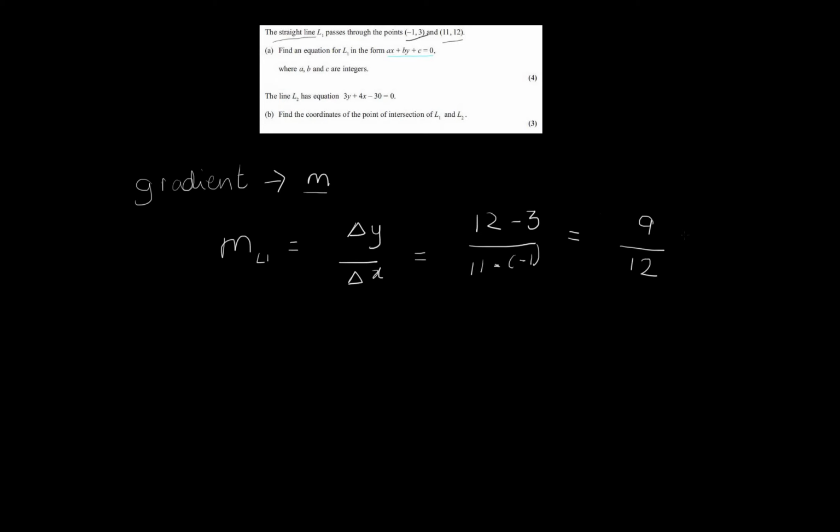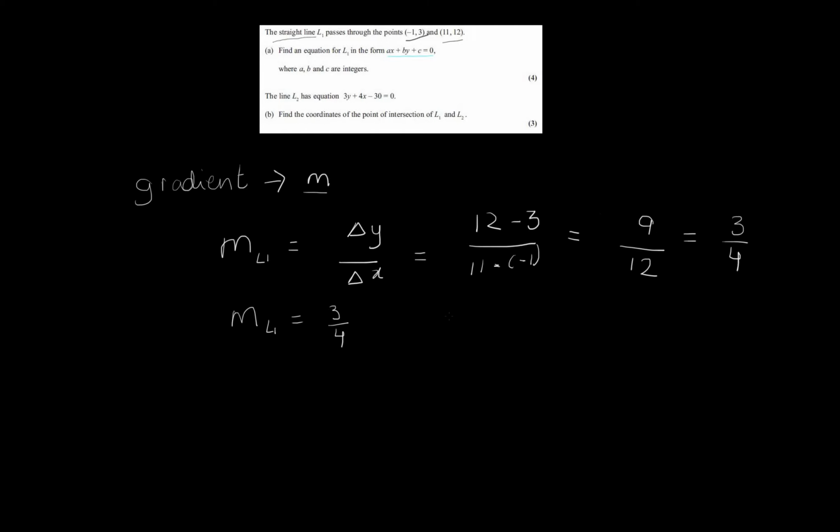So 9 by 12, which simplifies to 3 divided by 4. So the gradient of line L1 is equal to 3/4, or 0.75.